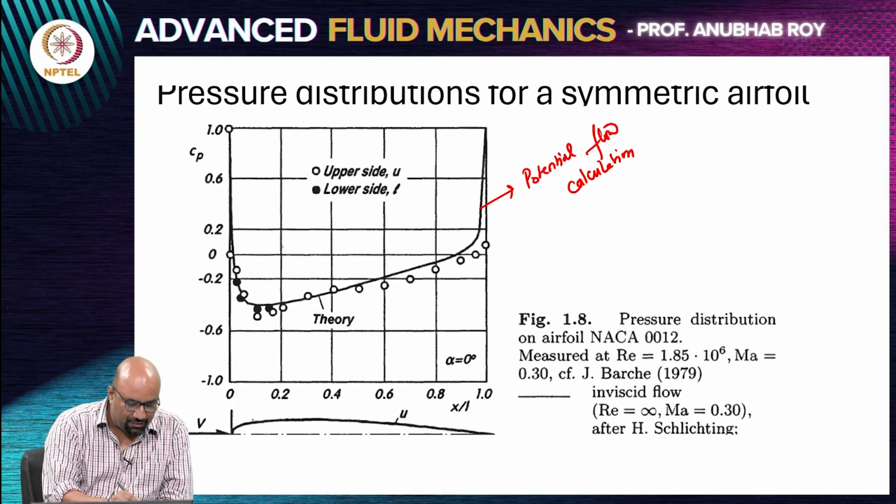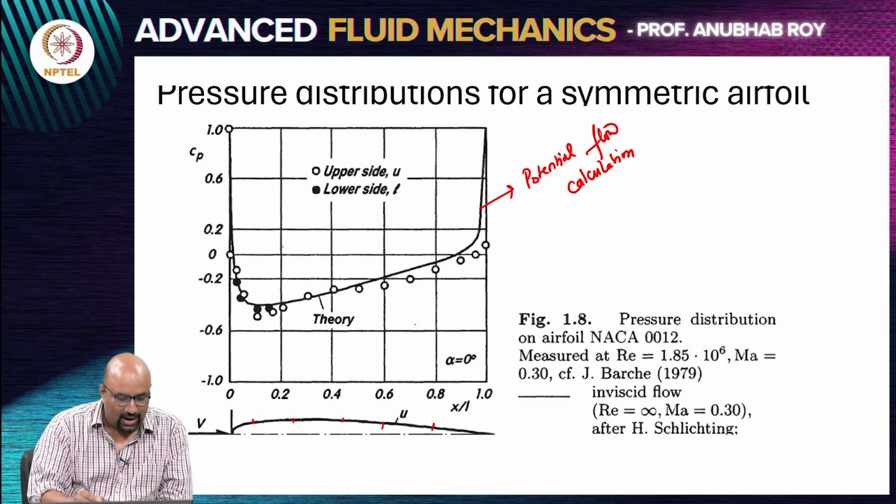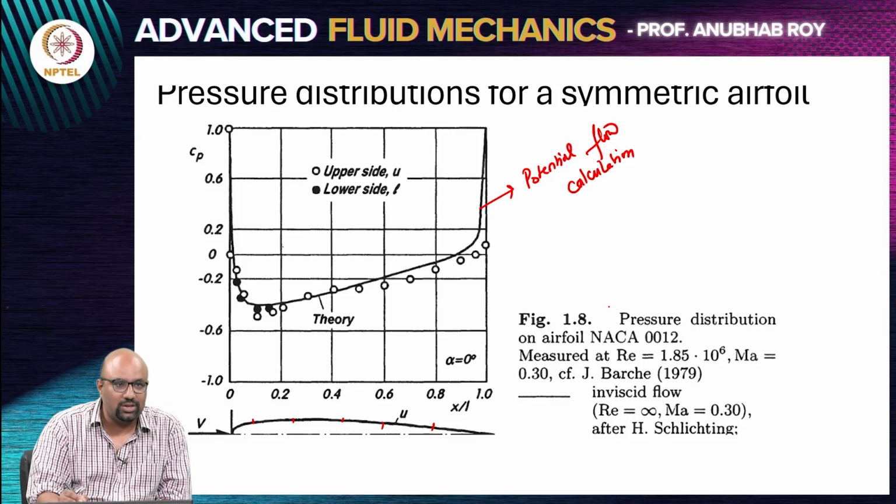So, x by L are the different points where you are making these measurements. You make measurements on the top, you make measurements in the bottom, and that is what you see here as the open and closed symbols, and they fall nicely on this particular curve. So, this is saying that if the object was sufficiently streamlined, then your potential flow theory would give you a very accurate description of the surface pressure.